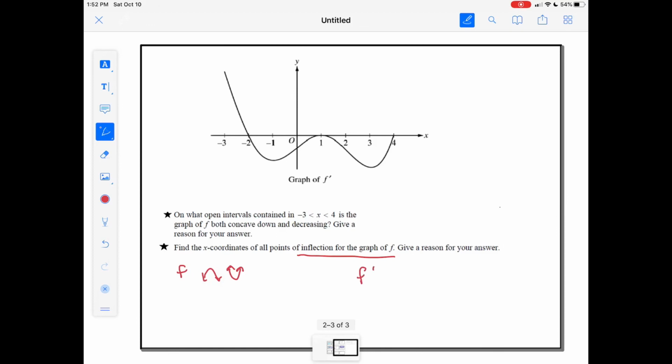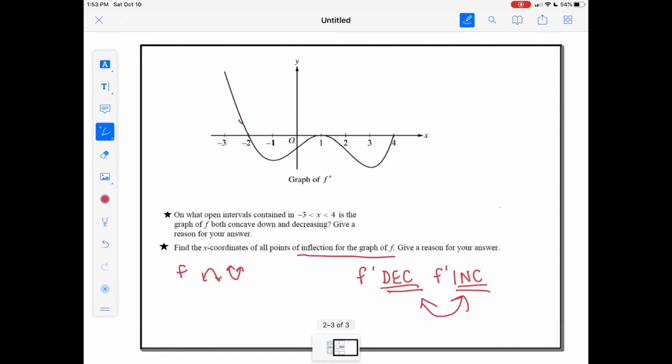Remember, if my graph of f is concave down, I know f prime must be decreasing. If my graph of f is concave up, then my f prime must be increasing. So this question I can phrase and think of as, where is f prime changing from decreasing to increasing or vice versa?